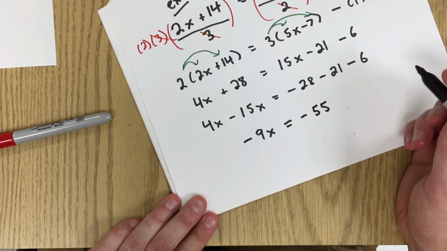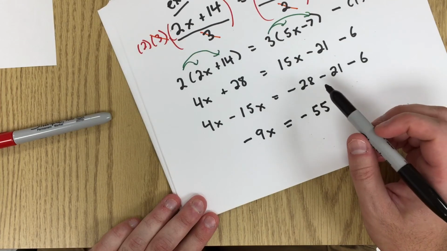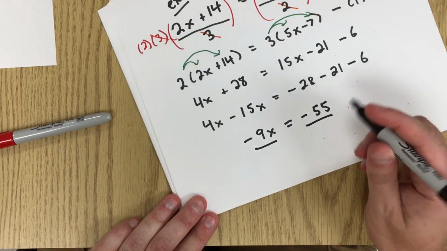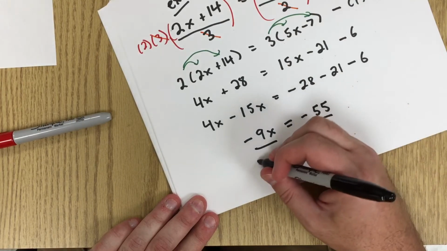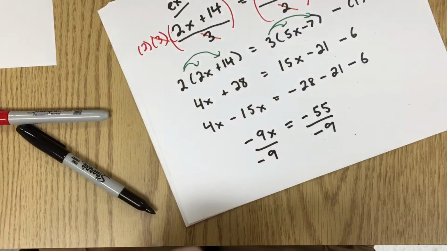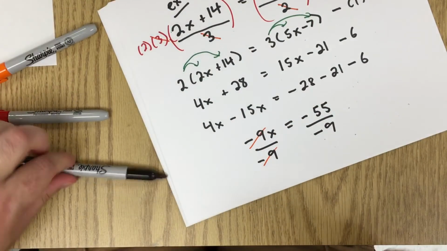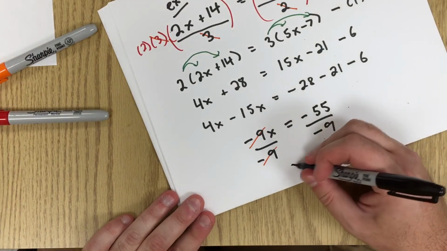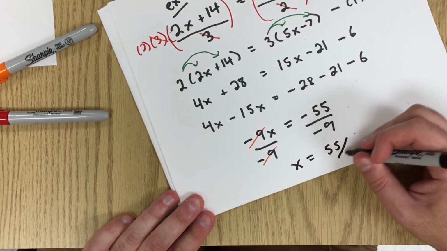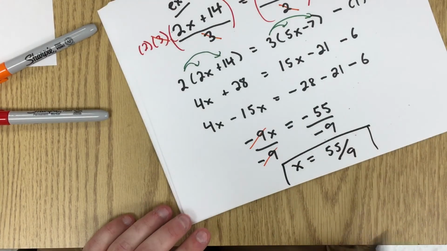This is not going to work out in a pretty way. Divide both sides by negative 9. And we're going to end up with x equals, and because this is not pretty, it's just going to be 55 over 9. And that's the answer.